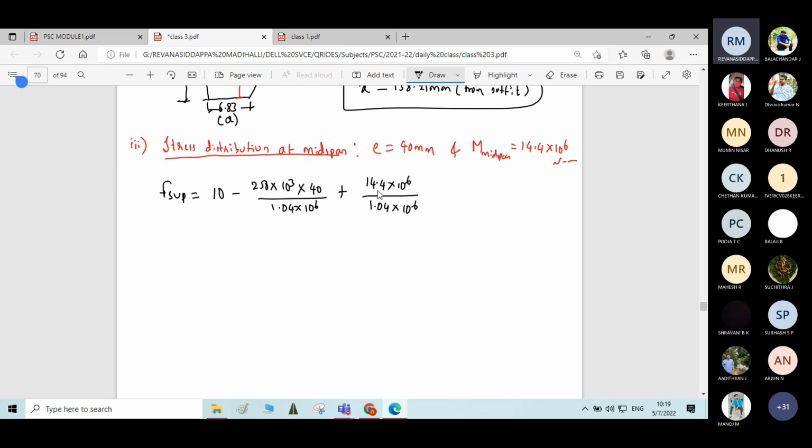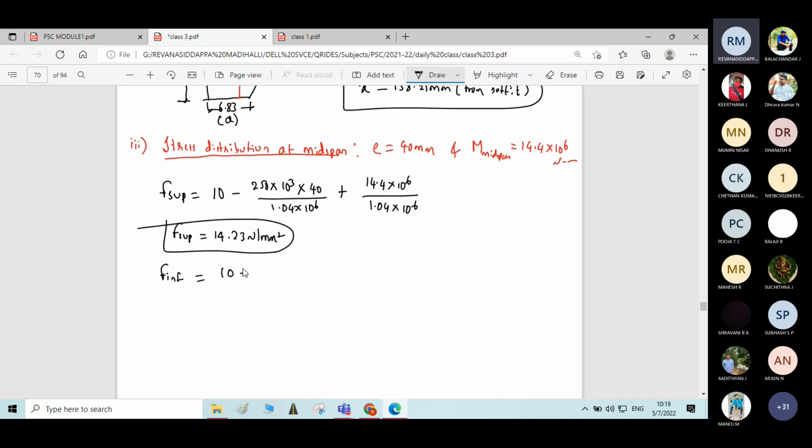If you calculate the answer, F superior, you will get 14.23 Newton per mm square. Similarly, F inferior, only the sign will change.